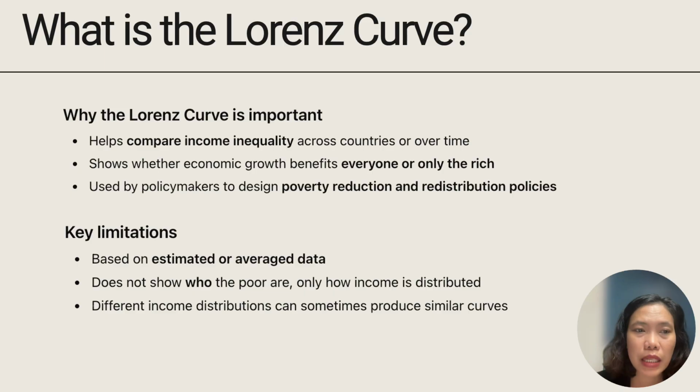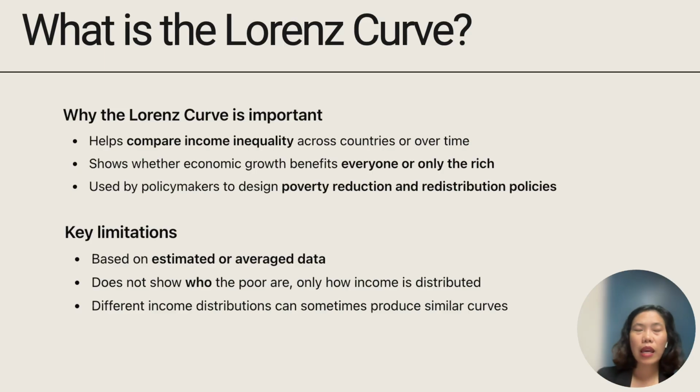So what are its limitations? It's based on estimated or average data. It does not show who are the poor, it only shows how income is distributed. And different income distributions can sometimes produce similar curves.